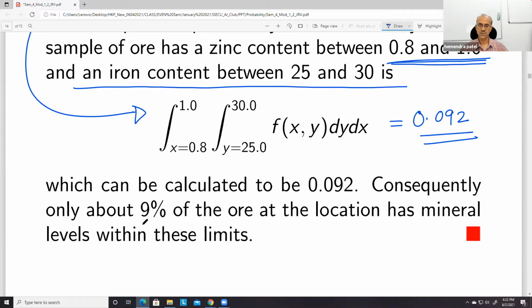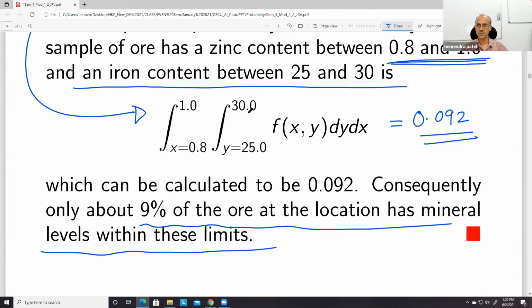So consequently, we say that 9% of the ore at the location has mineral level within this limit. These are the limits. We have fixed y and x is 0.8 to 1. So only 9% of the ore. This is approximately 9%.